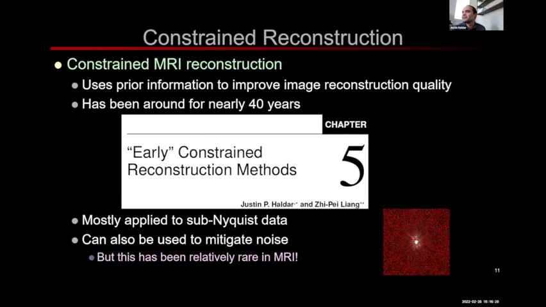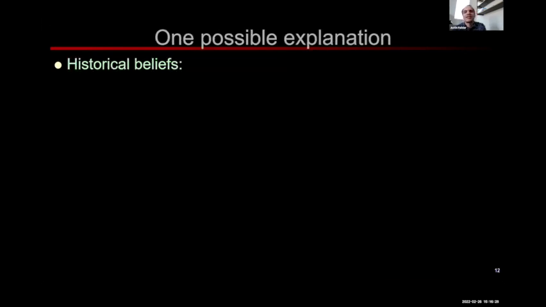And it's worth taking a step back and understanding the history of why that may actually be. There are many possible explanations for why this is true. Here's one possible explanation. It's been believed for a long time that denoising involves a loss of spatial resolution.